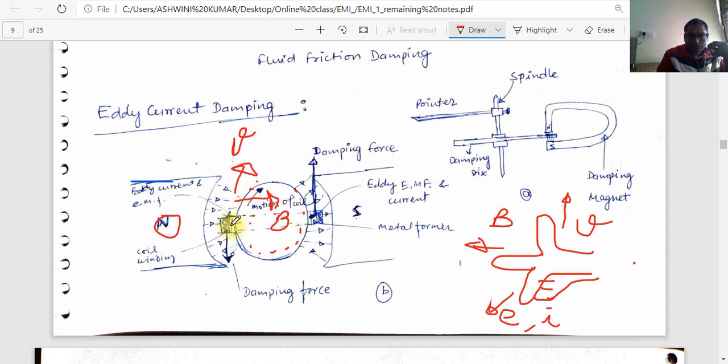Then this current can be changed by the coil. The coil feels the current downward, and here the current direction is up, which means the eddy current in this coil flows like this.